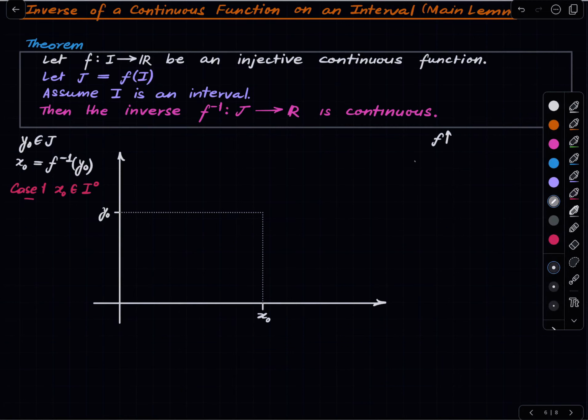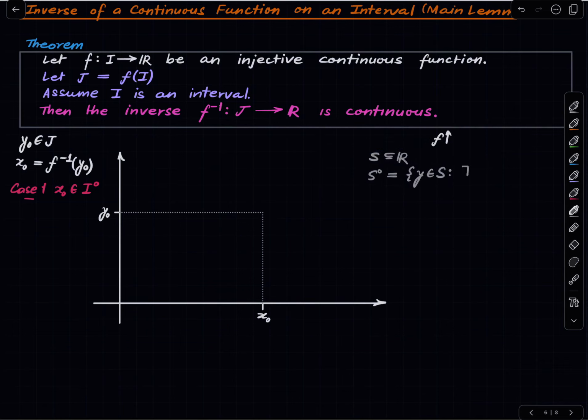So if we are given a subset S of real numbers, then interior of S is defined as all those points in the set S such that there is a neighborhood containing this point contained in S. There exists a neighborhood V of y such that V is contained in S. The idea behind the notion of interior was interior of S is the largest open set contained in S.